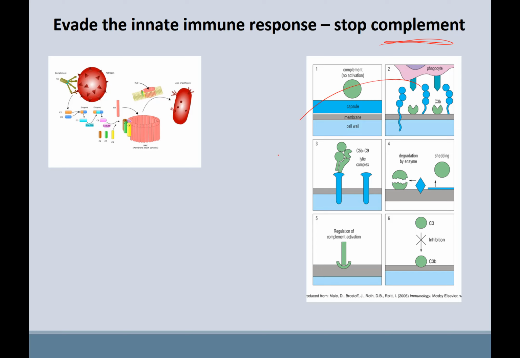And so there's just generally different strategies to interfere with the regulators, degrade the regulators of complement, bind them up so they don't work. Some bacteria actually will use complement to trick the cell into taking it in, and then they become an intracellular parasite.